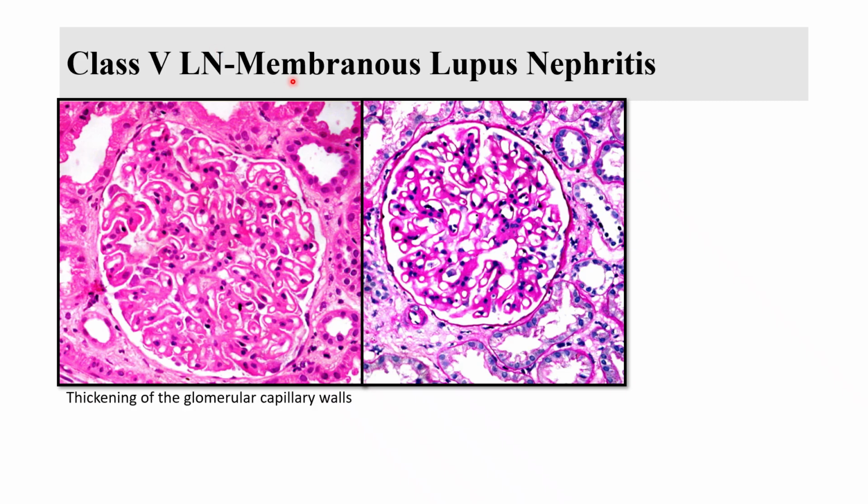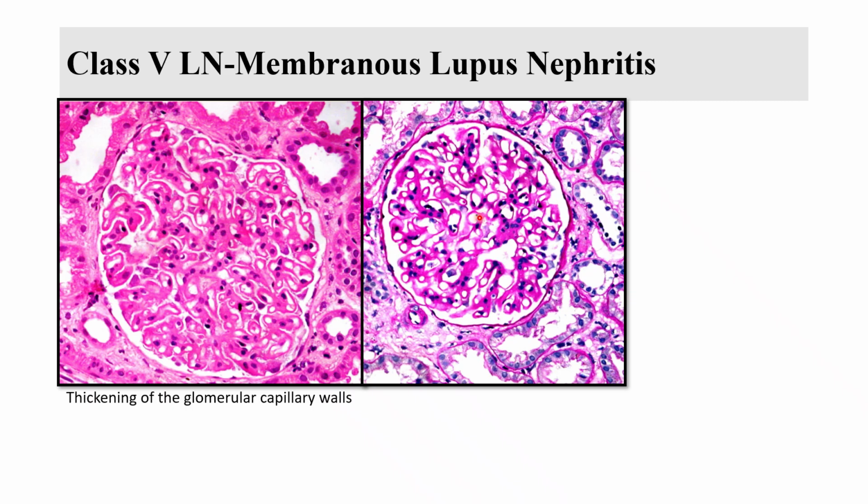Class 5 lupus nephritis is membranous lupus nephritis. There is thickening of the glomerular capillary membrane. We can nicely appreciate these capillaries; they are thickened. How can we compare that this is thicker?